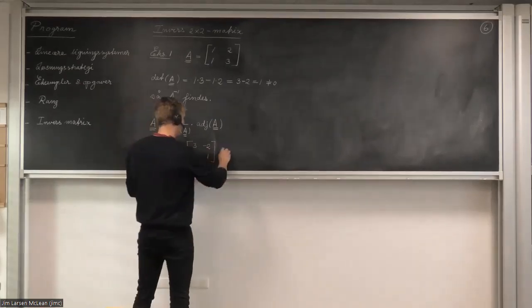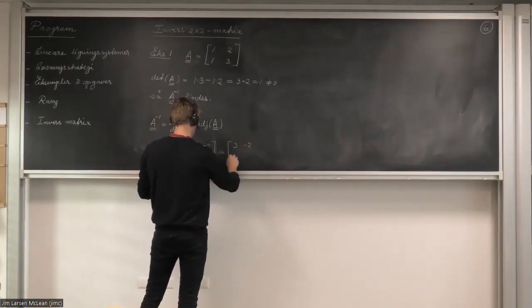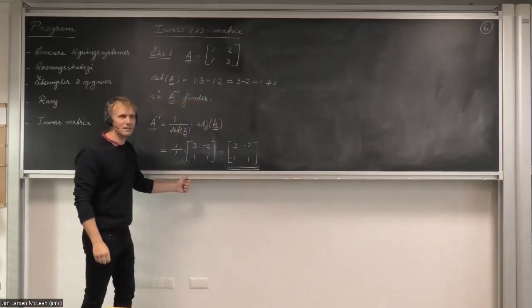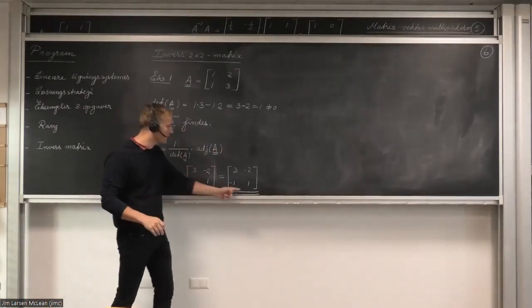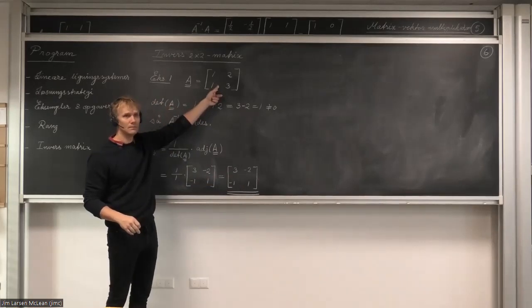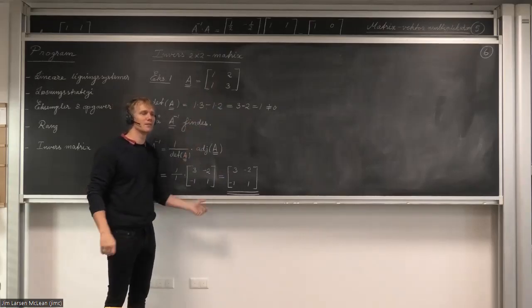That's why we have the answer 3, -2, -1, and 1. And I claim that if I have calculated correctly, then this matrix should be the inverse of that one. What does that mean? It means that if you take that one and multiply it with that one, you should get the identity matrix, also called the unit matrix.